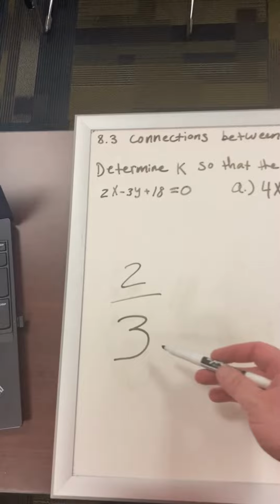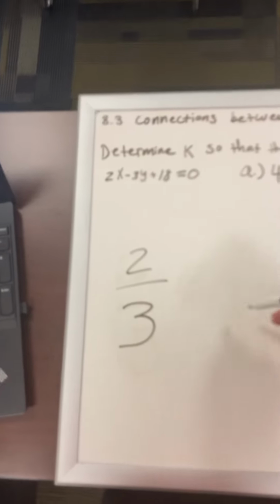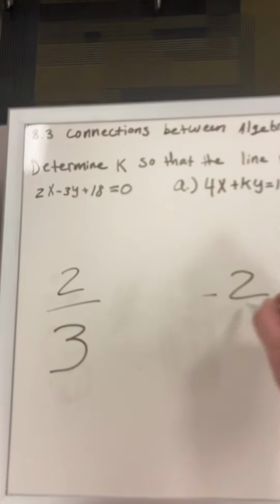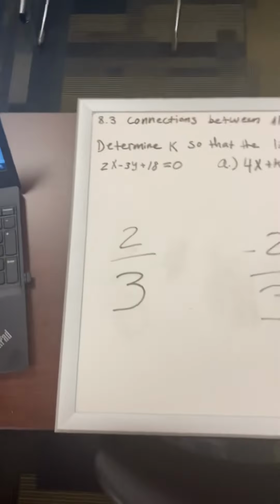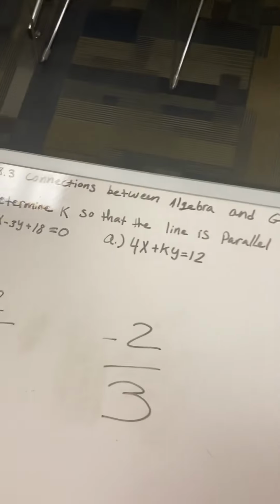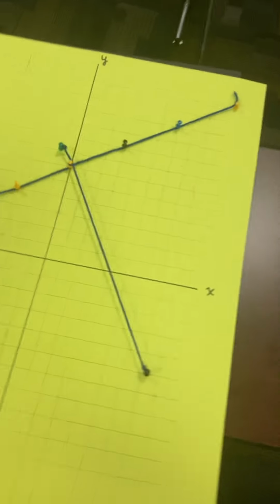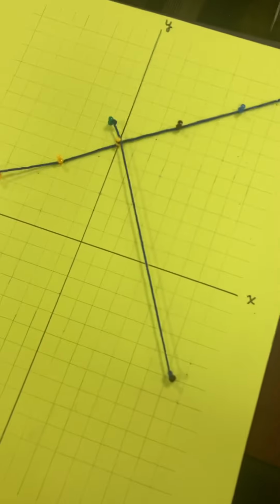We know that the slope has to be the same for parallel. Well, what if we just stuck a negative on the slope? Do we think that might possibly create perpendicular? Well, let's take a look at it. We said that this looks roughly perpendicular, so let's count off -2/3 and see where it lands us.